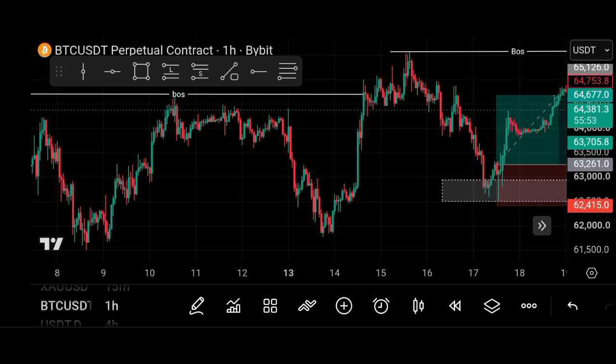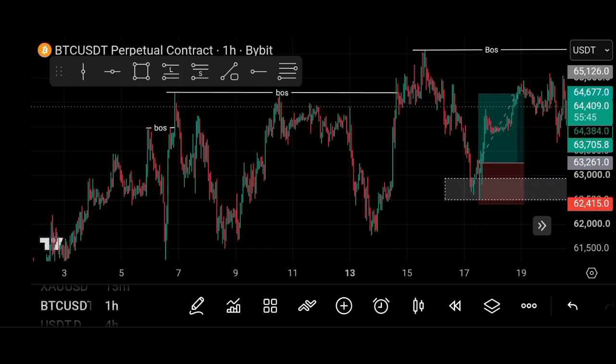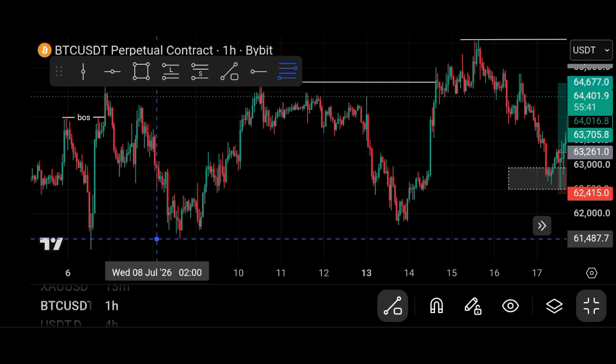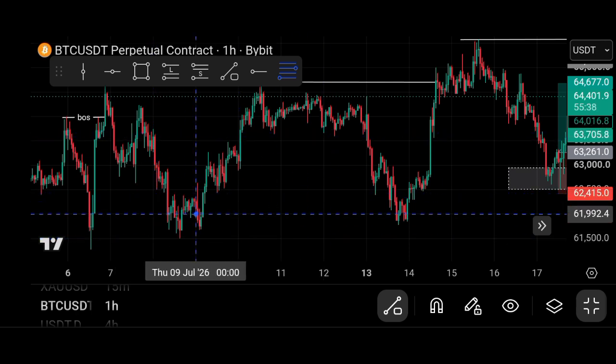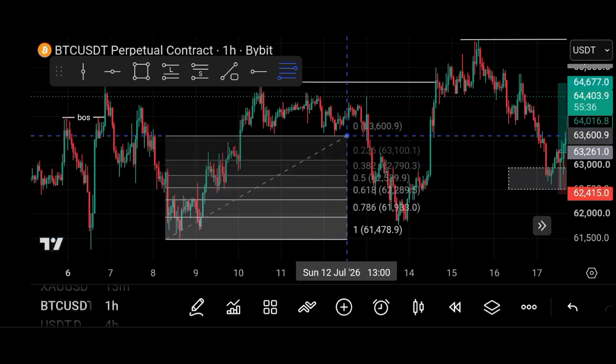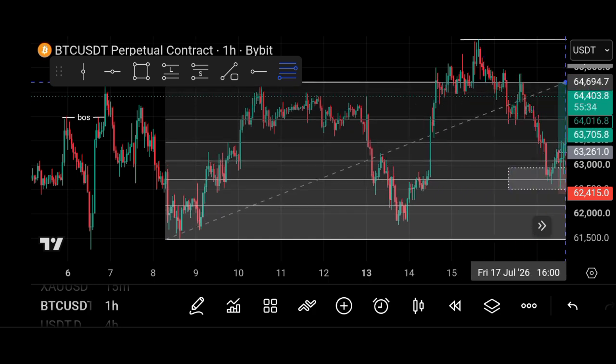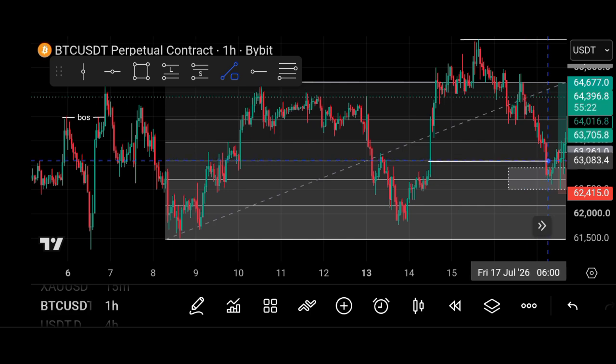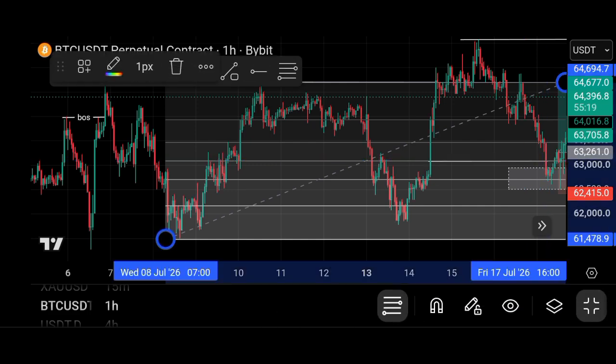What I did, however, was I picked up my Fibonacci tool and I decided to draw from the bottom of the leg that created the break of structure, bottom of the leg to the top of the leg. Now what did I find out? I found out that we have a 50% level here, as this level to this level is our 50% Fibonacci level.